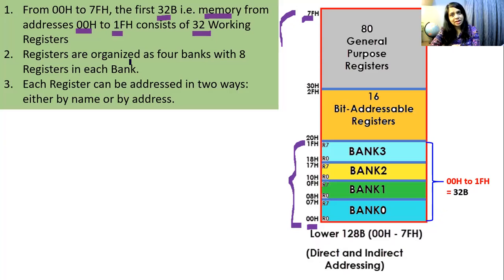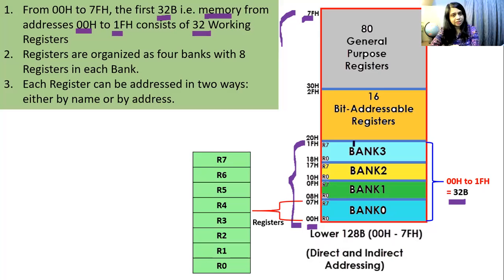These registers are organized as 4 register banks with 8 registers in each bank. So these 32 registers are divided into 4 register banks, that is bank 0, bank 1, bank 2 and bank 3. And in each register bank there are 8 registers, that is from R0 to R7.